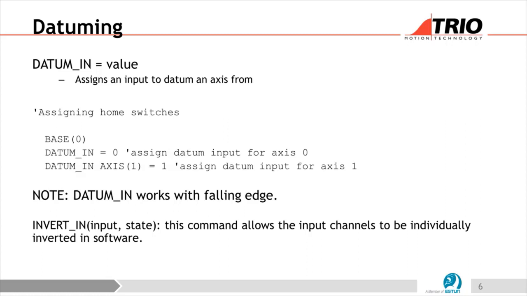So you have to make your input high before you do this. But if you don't want to do that, there is another command called INVERT_IN. This one will automatically invert the state of the input. So you can put that as well. If it's in the off state, then you just have to switch it on to do the datum.